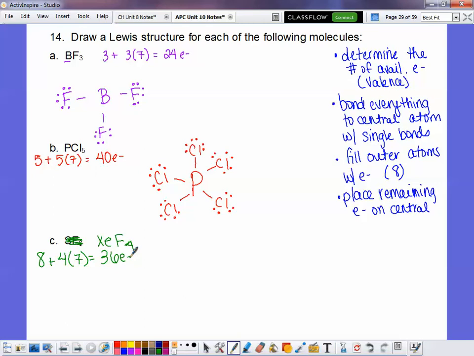All right, xenon goes in the center. And then we have 4 fluorines around it. We're going to single bond the fluorine to the xenon. Now let's make our fluorines happy, giving them a full octet.